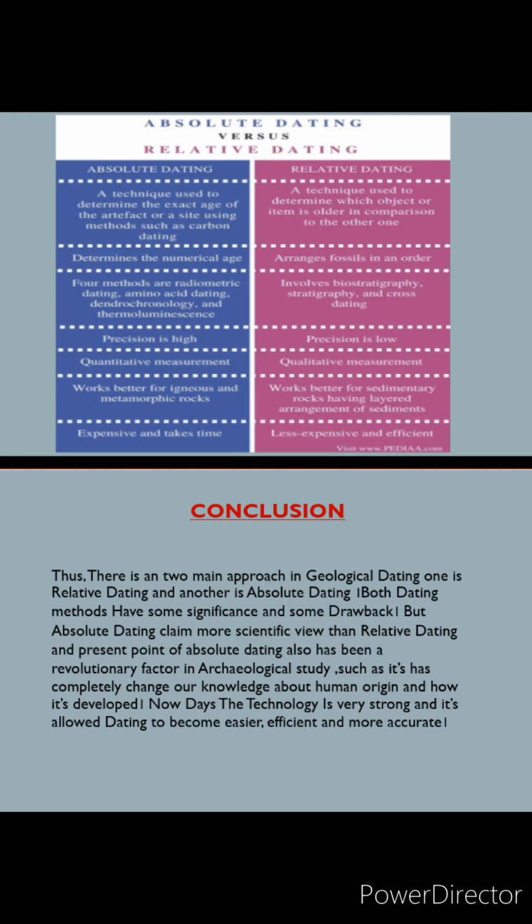Absolute dating methods are radiometric dating, amino acid dating, dendrochronology and thermoluminescence, while relative dating involves biostratigraphy, cross dating, etc. Absolute dating has high precision and quantitative measurement, while relative dating has low precision and qualitative measurement. Absolute dating works better for igneous and metamorphic rocks, while relative dating works better for sedimentary rocks having layered arrangements of sediments.